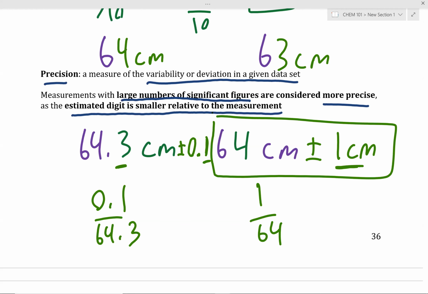This 64.3 is varying in the tenths place. Which of these two measurements has the larger amount of variation, larger amount of uncertainty? The one on the left, 64. It has fewer sig figs, it has a larger amount of uncertainty, and it's less precise. So let's label that as less precise.